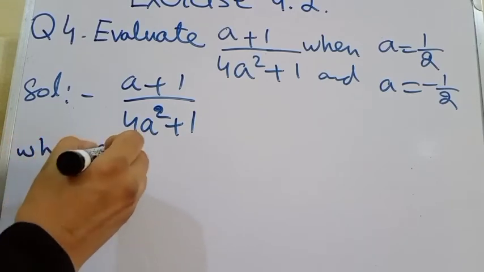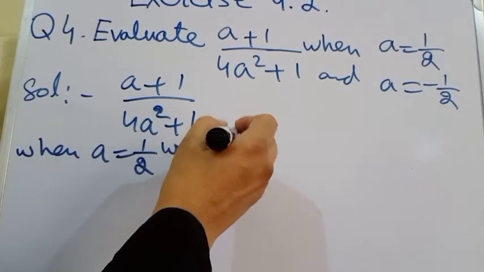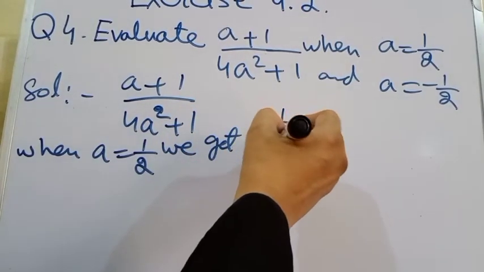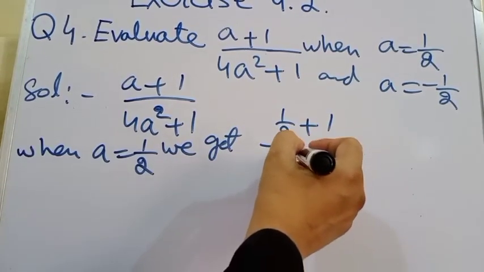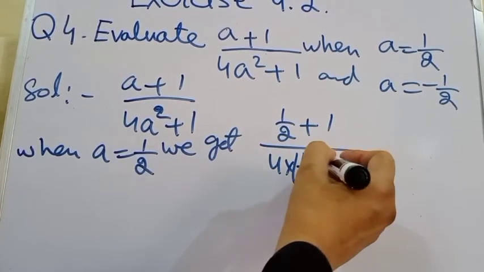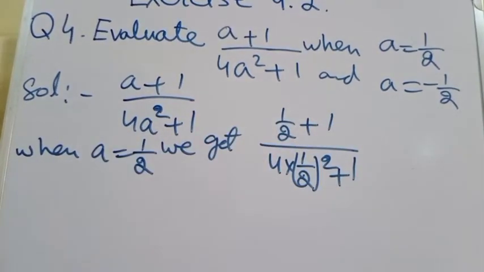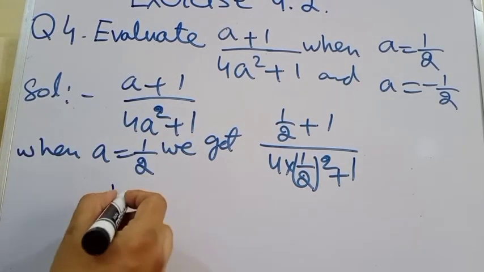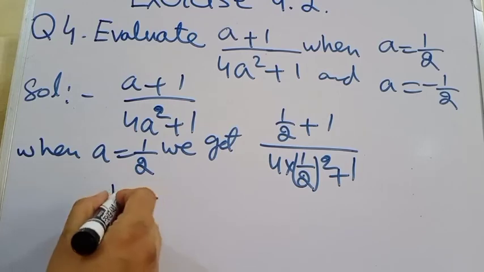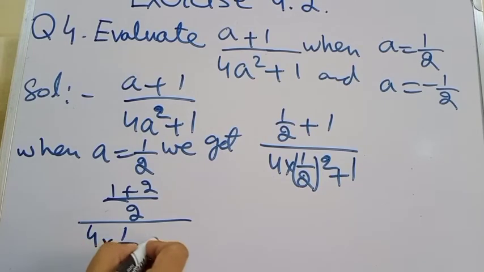When a is equal to 1 by 2, we get 1 by 2 plus 1 divided by 4 into 1 by 2 whole square plus 1. First we take LCM of this. 1 by 2 plus 2 whole divided by 1 by 4, 4 into 1 by 4 plus 1.